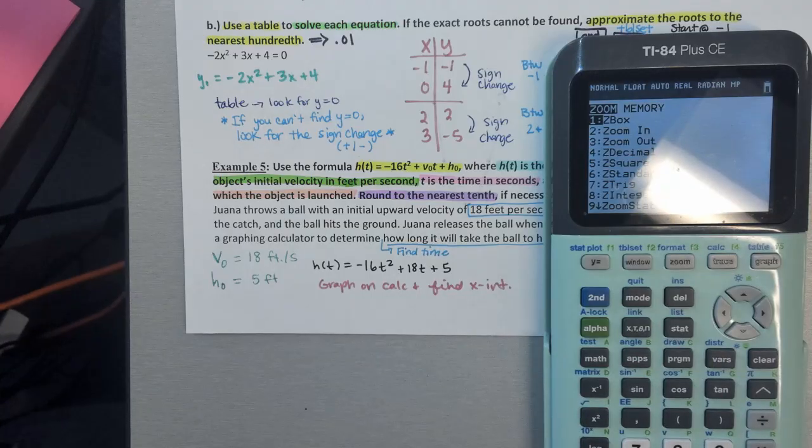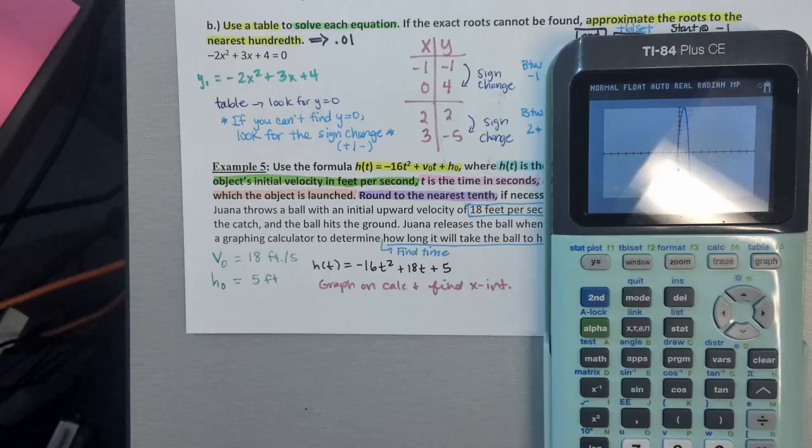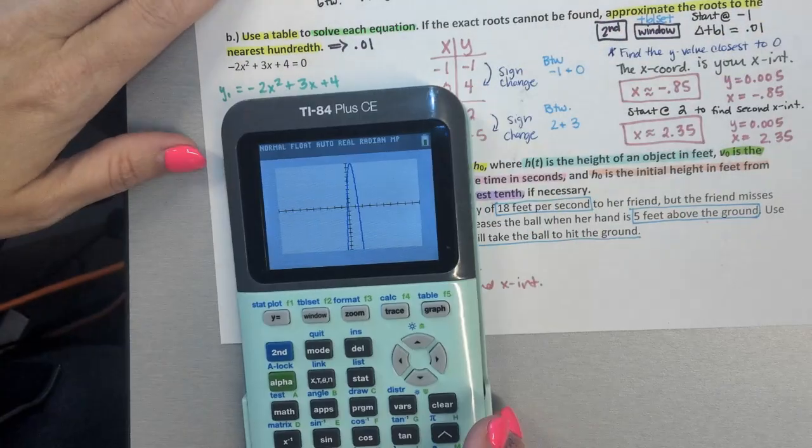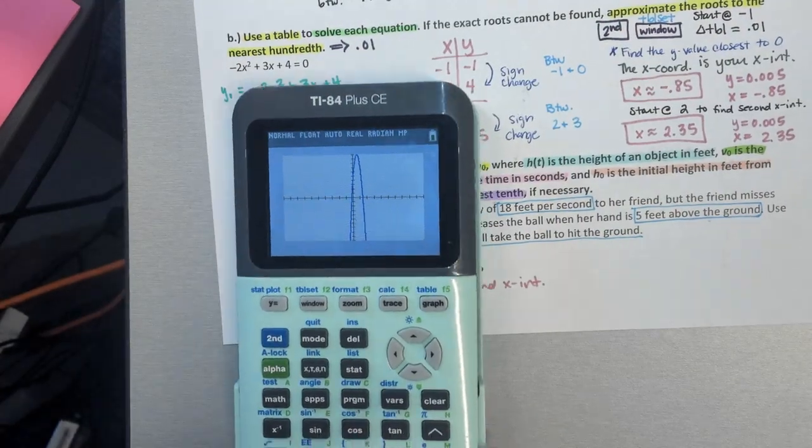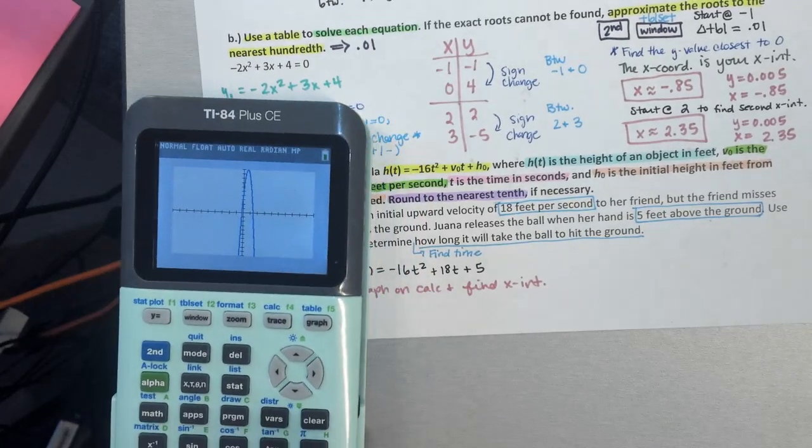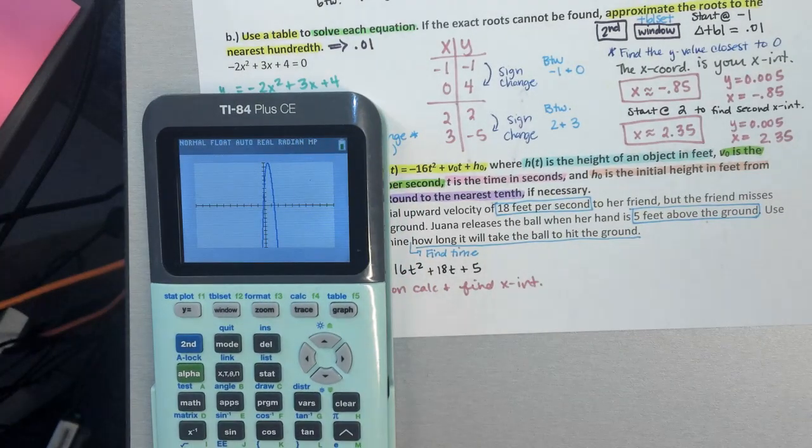Okay, now we're going to graph this. Go to Zoom. Let's go to our standard window. So Zoom 6 will give you your standard window. Oh, and that is actually enough to see the curve for this one. Okay, and then in order to find the zeros, I'm going to show you a function.